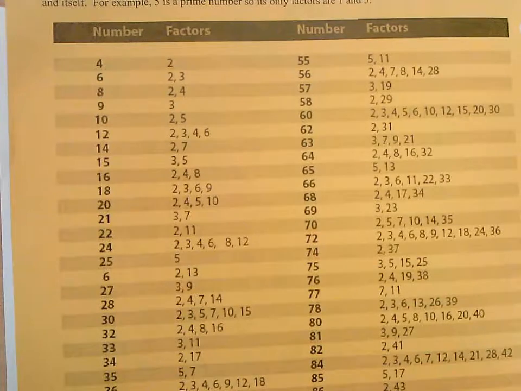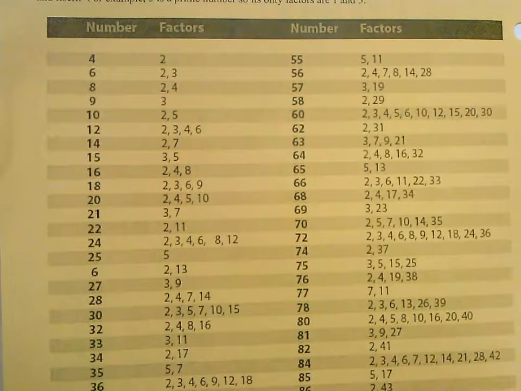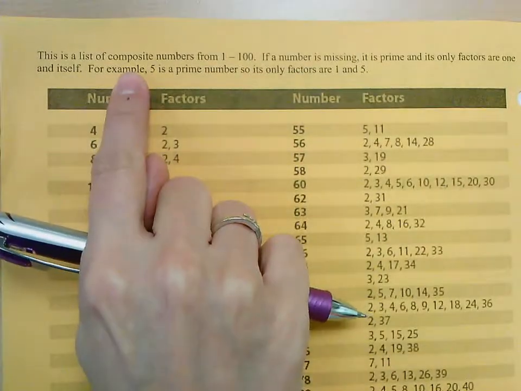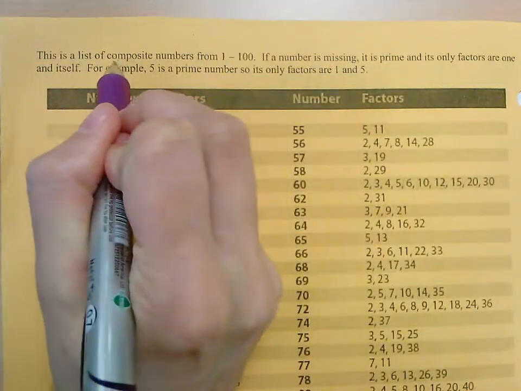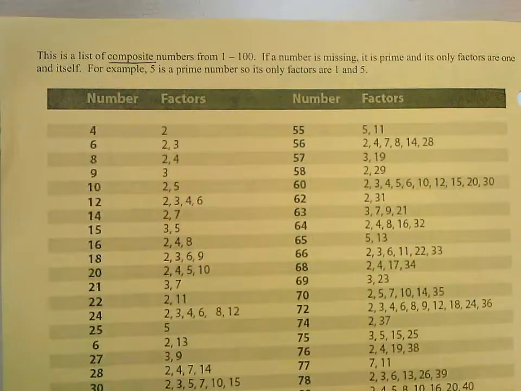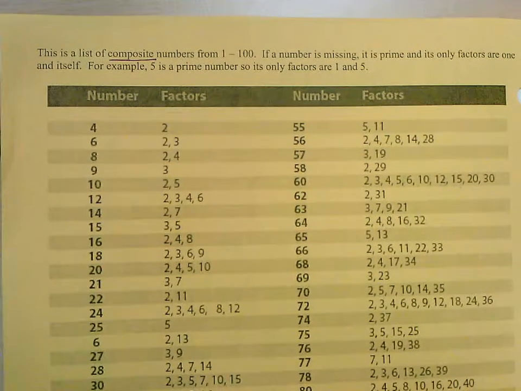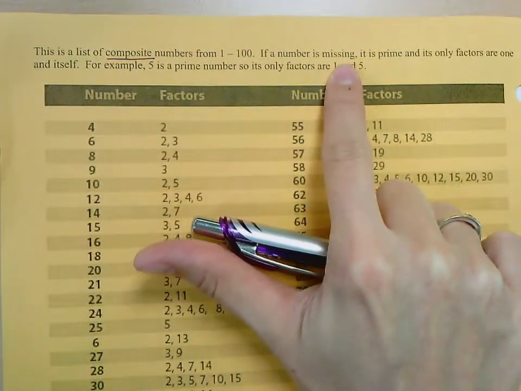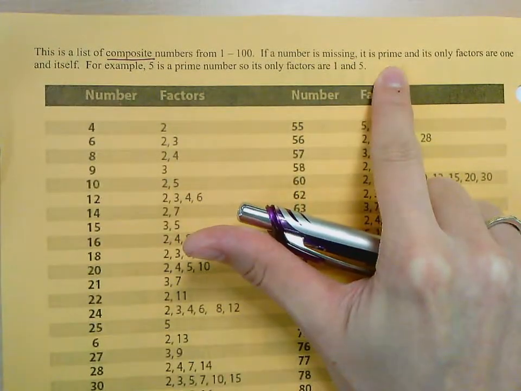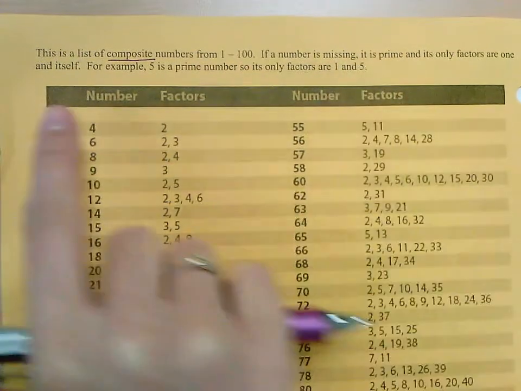There is also a chart on the back that has the factors listed, but this is a list just of composite numbers. Composite is the opposite of prime, meaning it has more factors than 1 and itself. So it says if a number is missing, it's because it's a prime number and its only factors are 1 and itself.